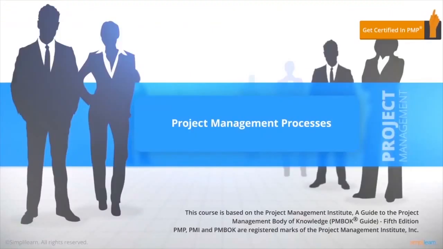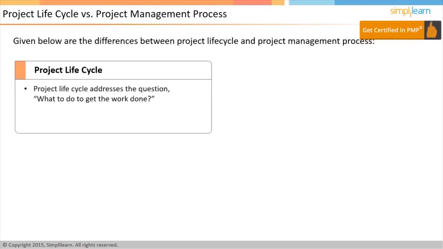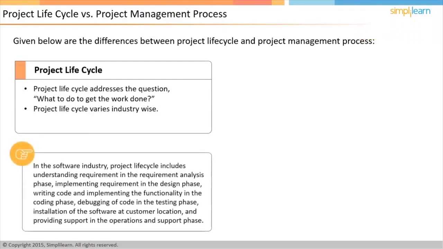In this lesson, we will focus on project management processes. Project Lifecycle addresses the question, what to do to get the work done? It varies industry-wise. For example, let us look at a typical project lifecycle in the software industry. First, you understand what is required and analyze it as part of the requirement analysis phase.